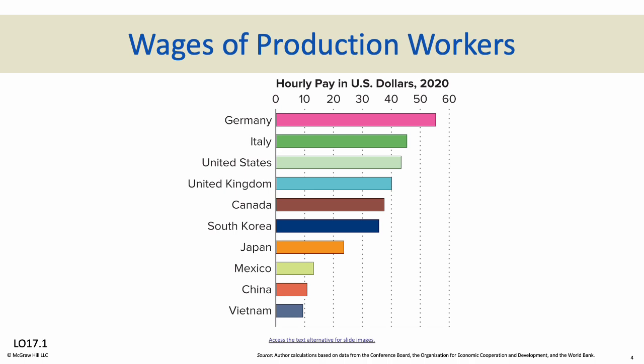The United States is quite high in comparison, but in industrialized nations, demand for labor is relatively large compared to the supply. So in industrialized nations such as Japan or South Korea or the UK or the US, there's generally a high demand for labor compared to the supply.